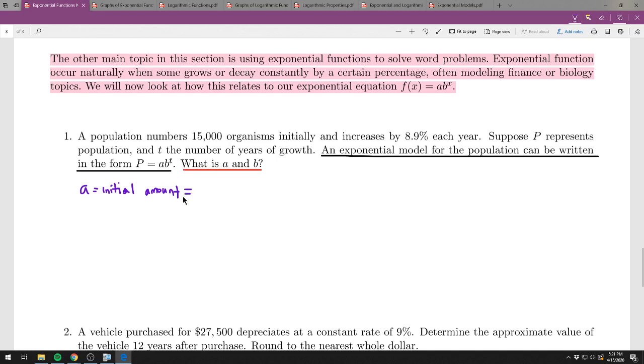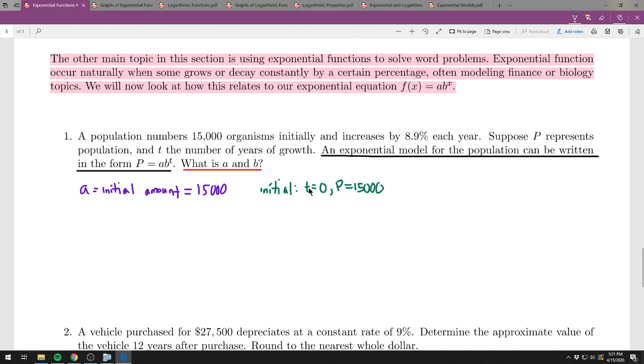If you deposit money into a bank account, it'll grow exponentially, usually, hopefully. And our initial amount here is 15,000 organisms. Now, just to show you why this is true, once again, what initial means is we would plug in T equals 0. And they're telling you the population initially is 15,000.